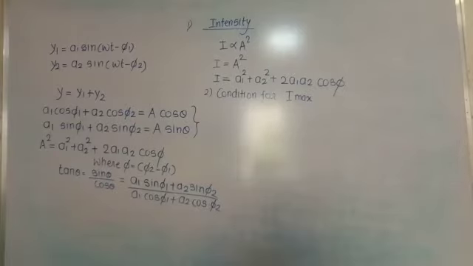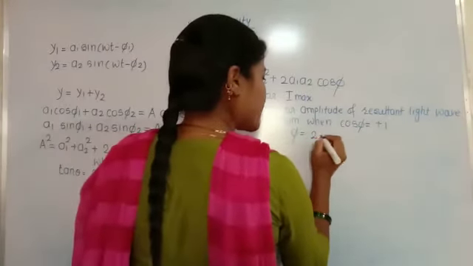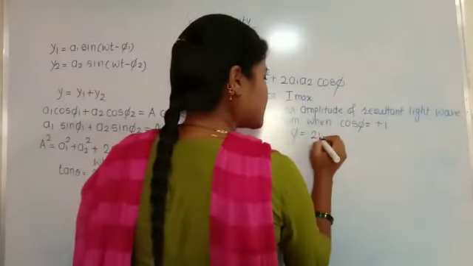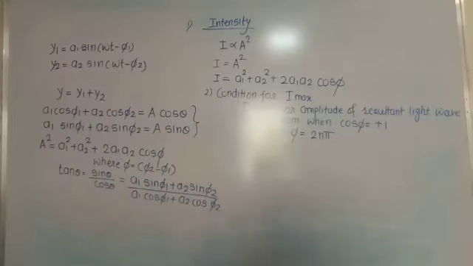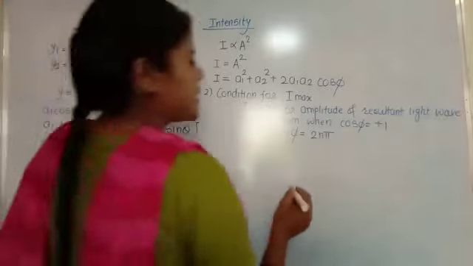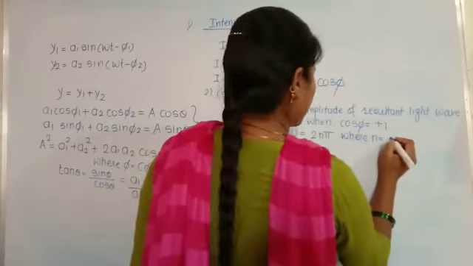So when the value of cos phi becomes 1, whenever this phi is equal to twice n pi, that means the integral multiple of pi, the amplitude of the resultant light wave becomes maximum, where n is equal to 0, 1, 2, 3 up to infinity.